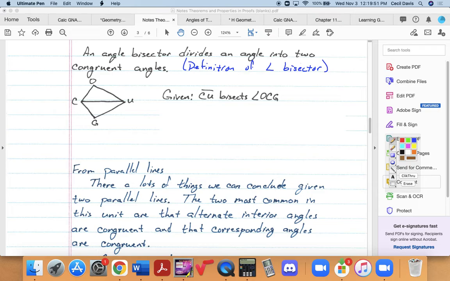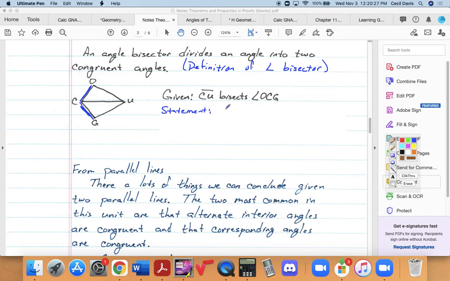On these problems, you have to be really careful about what is getting bisected. So here it says segment CU bisects angle OCG. OCG is this big angle over here on the left. So whatever you do, don't tell me anything about any of these angles over here on the right. Okay? So for my statement, if I know that I'm bisecting OCG, I'm going to cut that angle in half.